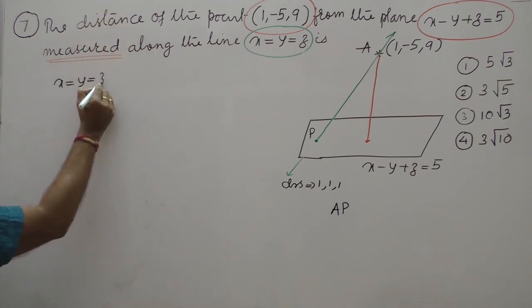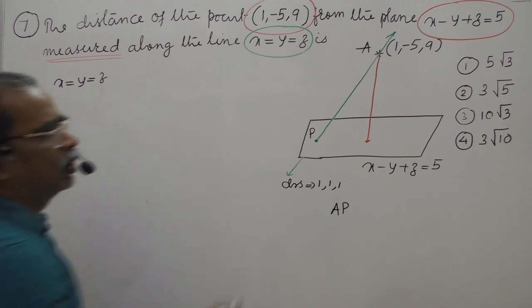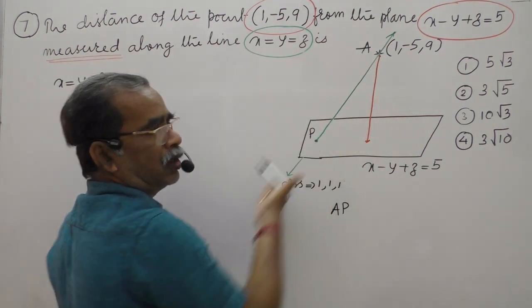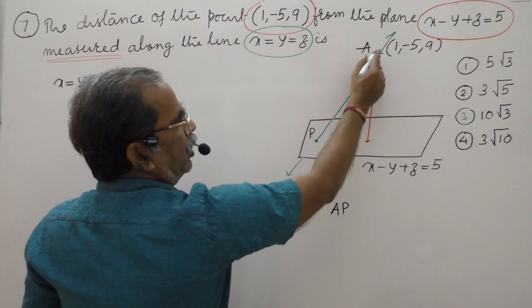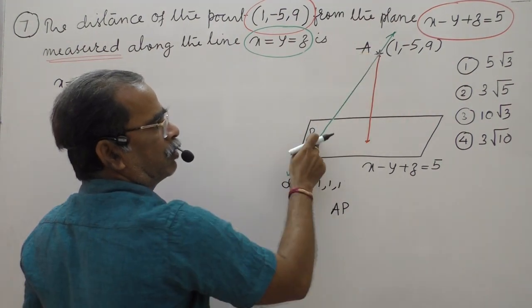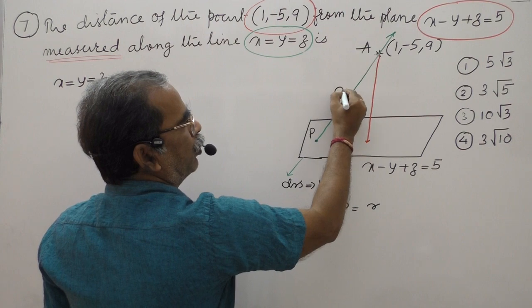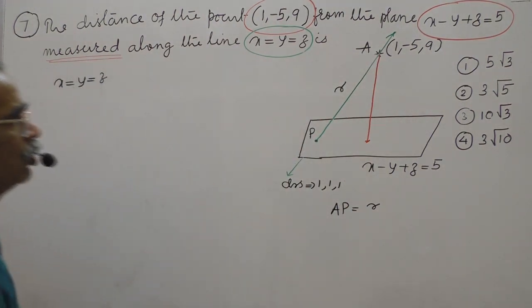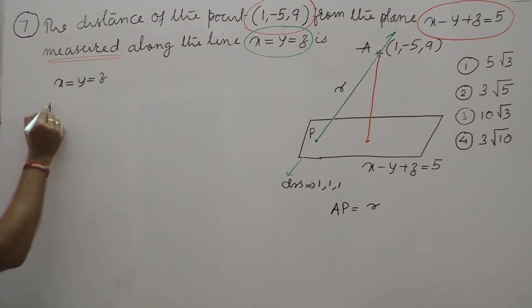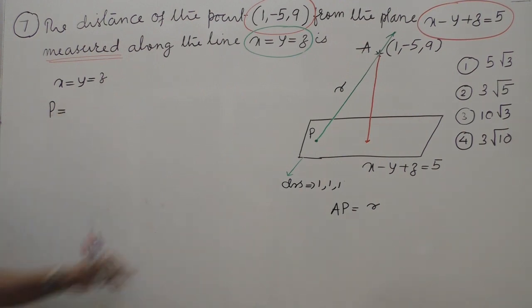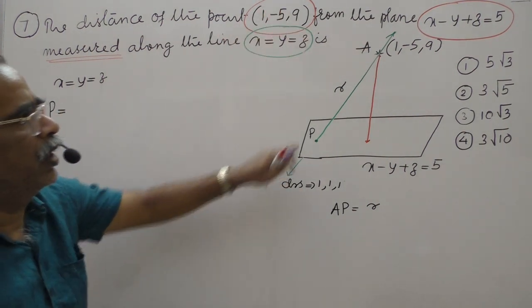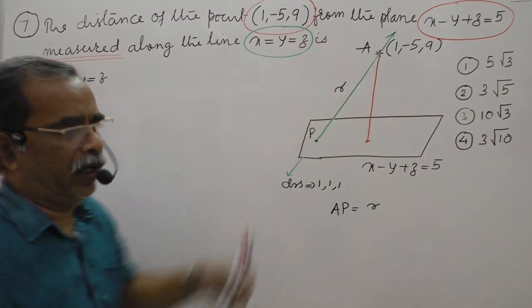The point P is on this line clearly. It is at some distance from A. We have to find AP only. I will suppose this is R. So now I am writing the point P, which is on this line at a distance of R from A.